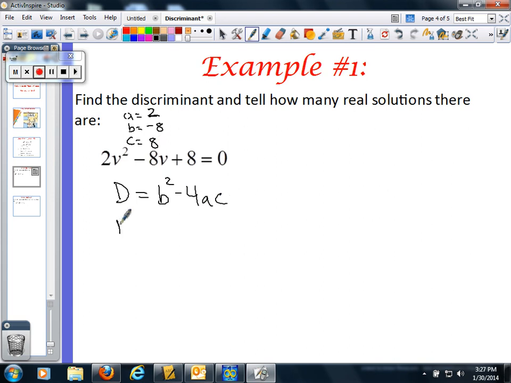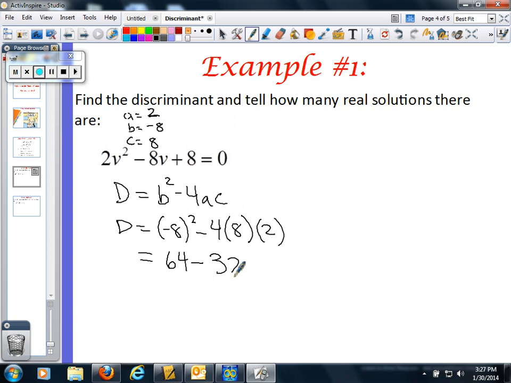So we get D equals negative 8 squared minus 4 times 8 times 2. And now you're going to simplify. So this is going to be 64 minus 4 times 8 is 32 times 2. This is going to be 64 minus 64, which gives us D equals 0.